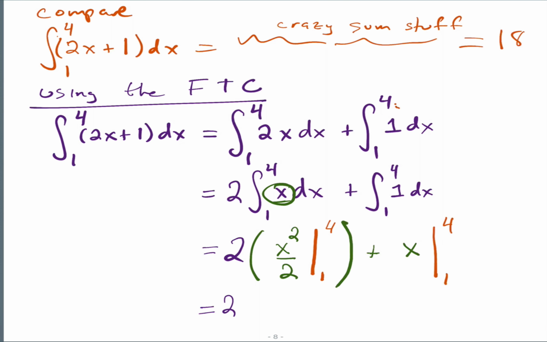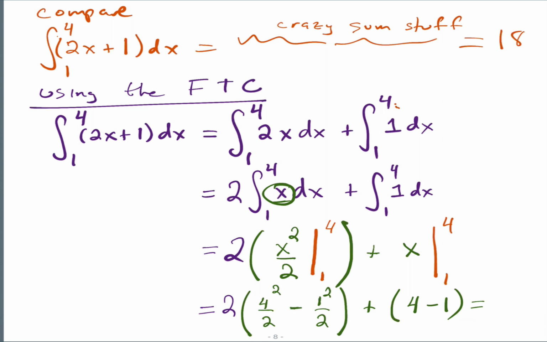This is 2 times, this is 4 squared over 2 minus 1 squared over 2, right? So we plug in the top minus plug in the bottom, plus 4 minus 1, right? And then what is that?